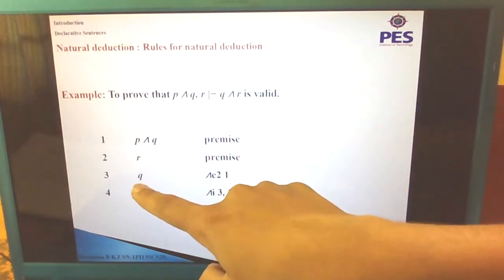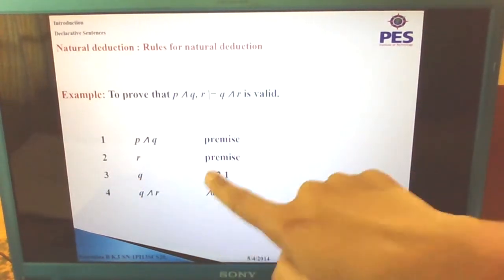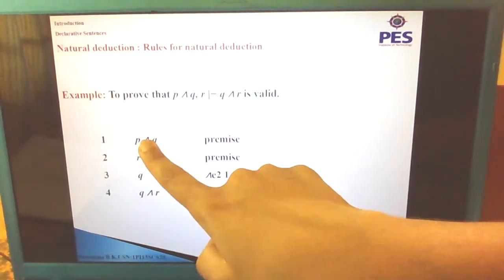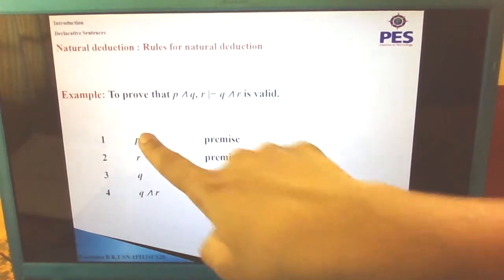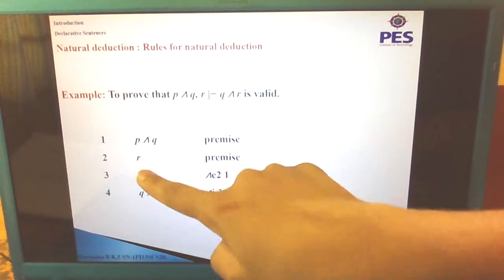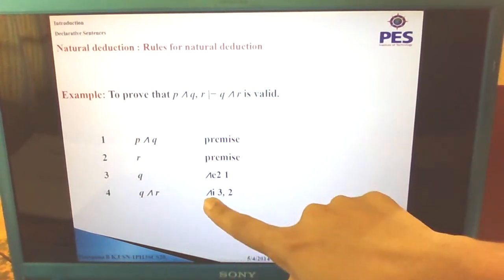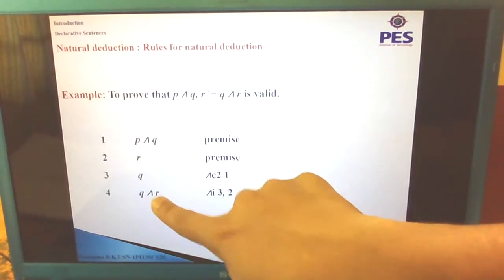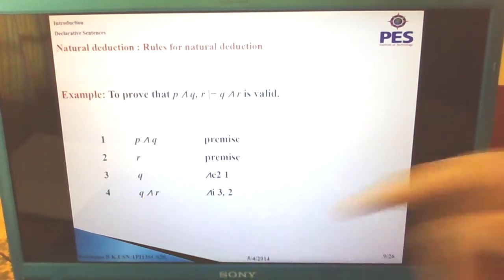We get Q by eliminating the conjunction using E2 on line 1. After that, introducing a conjunction symbol on line number 3 and line number 2, it concludes Q conjunction with R.